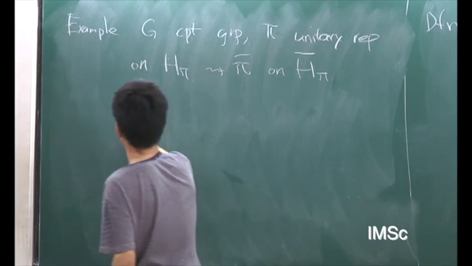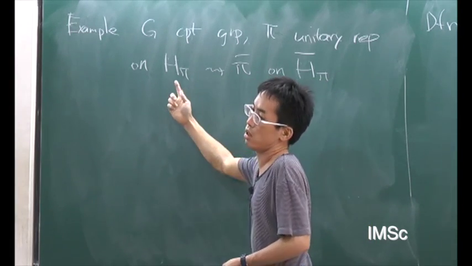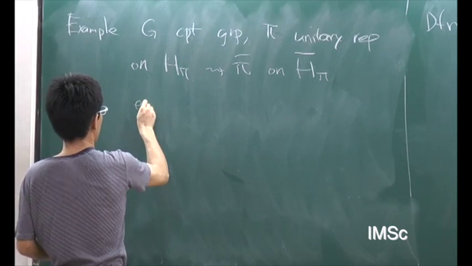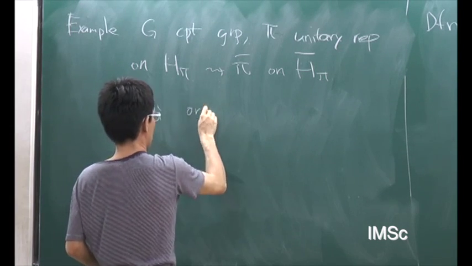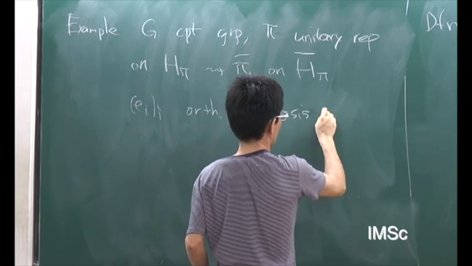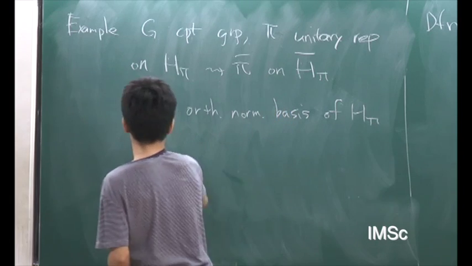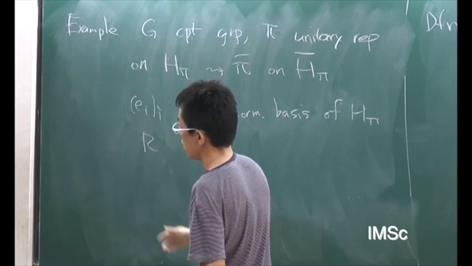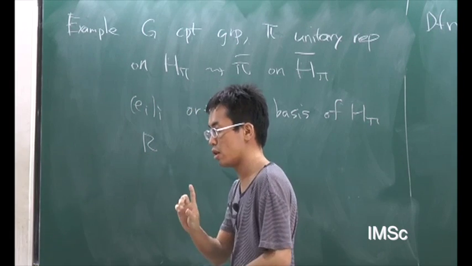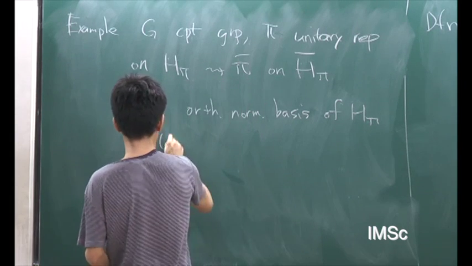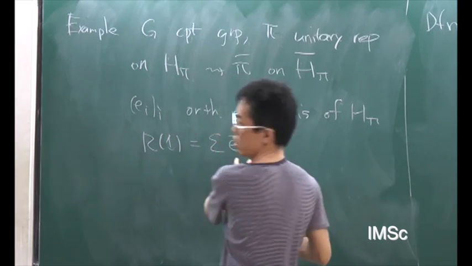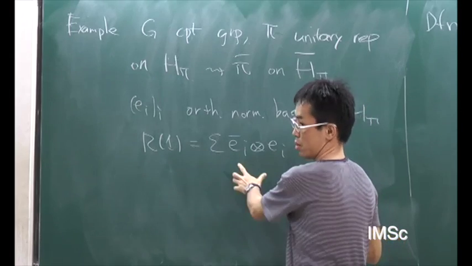If you take an orthonormal basis in this finite dimensional Hilbert space, you can define R and R bar this way. In that case, the 1 is just the trivial representation on the complex numbers, so you just need to define the image of 1. It's going to be something like this: the standard embedding of the trivial representation.